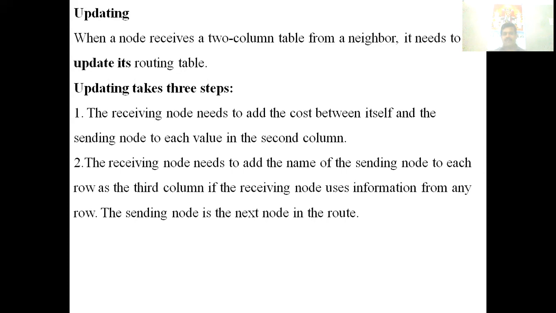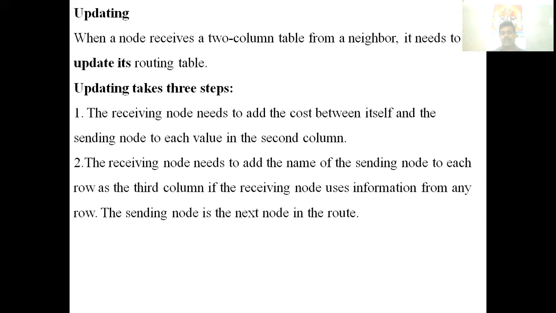Then the receiving node needs to add the name of the sending node to each row as a third column. If the receiving node uses the information sent from the sending node, then it has to mention the name of that node in the third column.